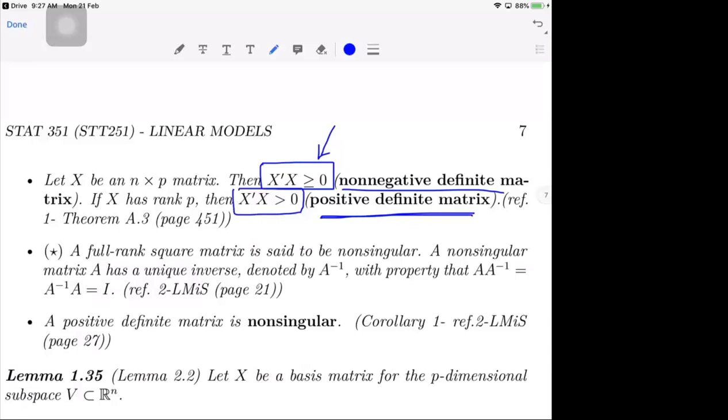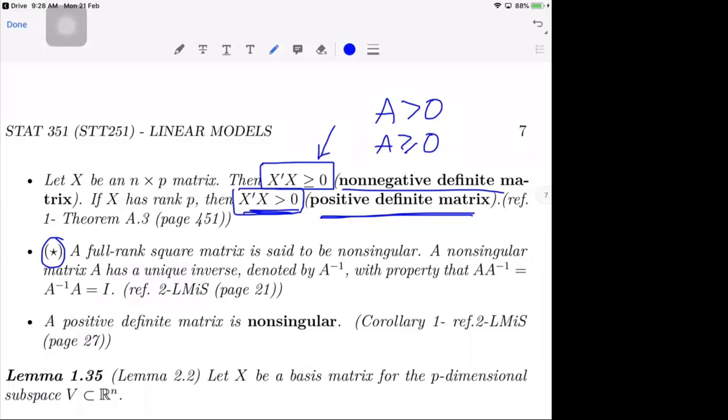So if you want to label a matrix which is positive definite, you just write A is greater than 0. If you want to label a matrix which is non-negative definite, then you just write A is greater than or equal to 0. So take note of the star because I will call that later in the results.